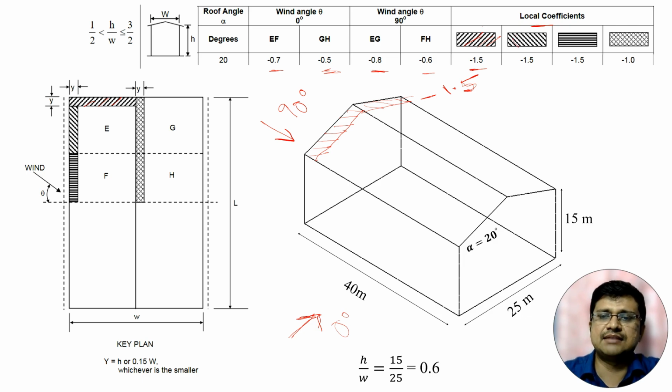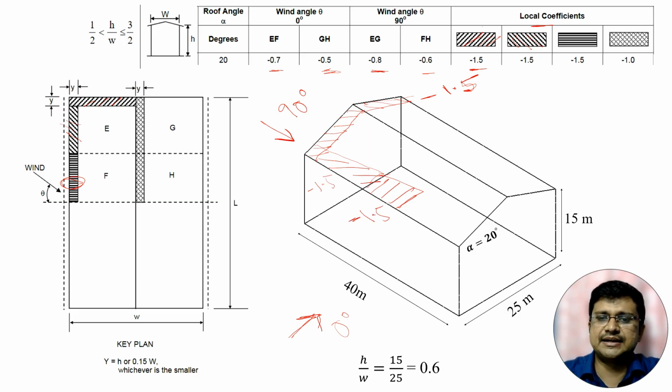Now this shaded area, this is this zone here. So in this portion there will be the local coefficient of minus 1.5. After that, in this zone, here also the local coefficient is minus 1.5. So here minus 1.5, here minus 1.5 and here also minus 1.5.